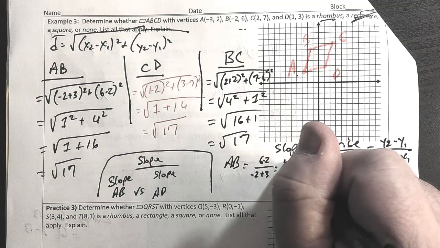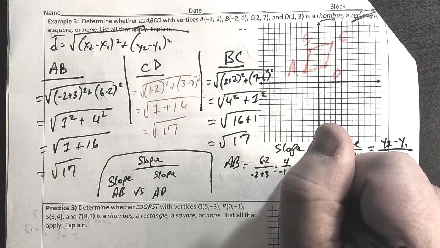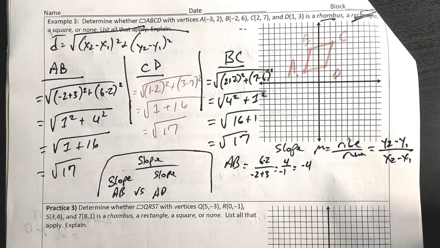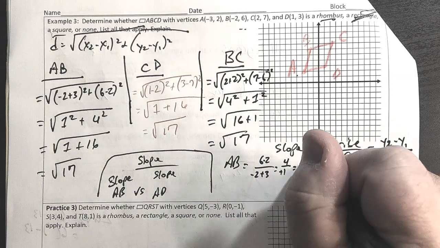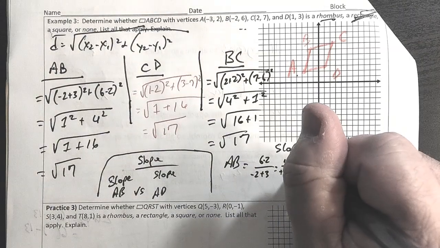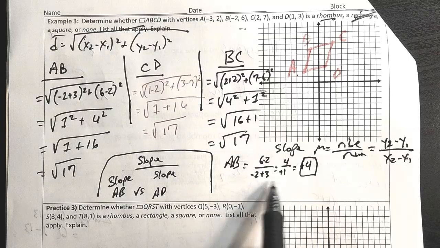All right, so that's 4 over -1, which is -4. Let me make sure I did that. No, it's not -1, it's +1. Okay. Sorry, I was like, whoa, man. So that's +4. It's -2 and a +3 make a +1.